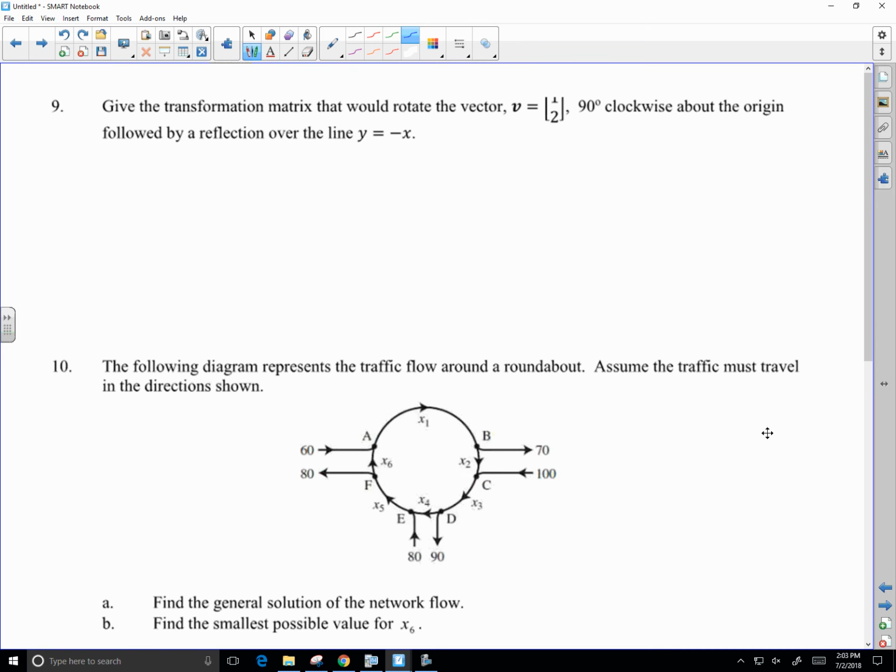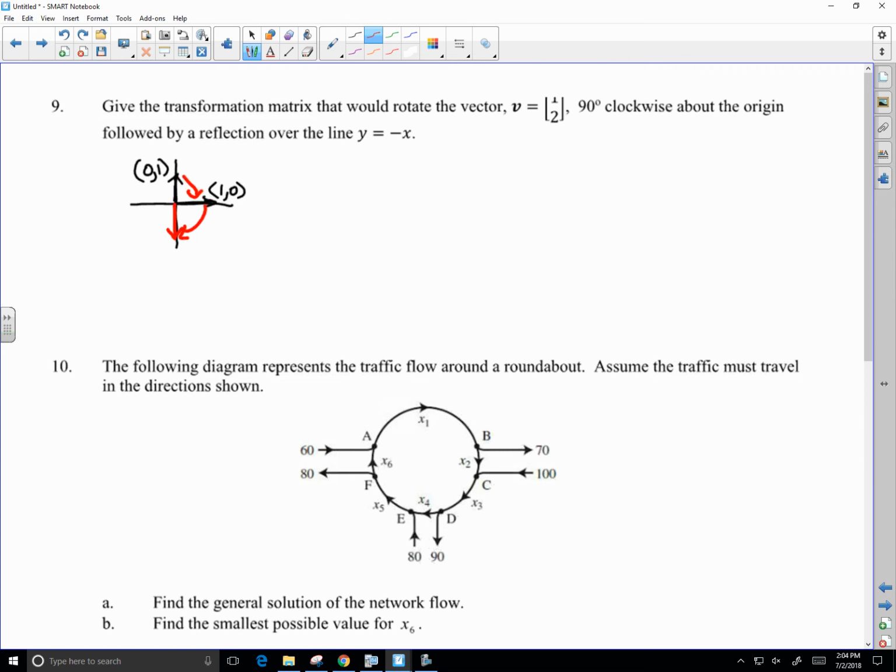The clockwise rotation one, while I'm in a groove here, we're only working in 2 space, so we have the j component at 0, 1, the i component 1, 0. I want to move those in a 90-degree fashion.